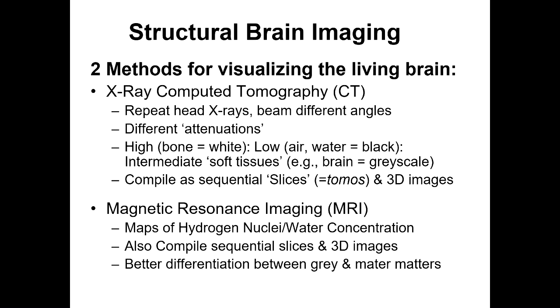And one of the really useful things about CT scanning is that each of those repeated X-ray beams produces its own single image of the head, and the computer sticks each of those images together, in the form of slices through the head, and the word tomos means slice, in order to produce a 3D reconstruction. So you get much better views than X-ray of a person's head, but also in a series of slices that you can look at in 3D.